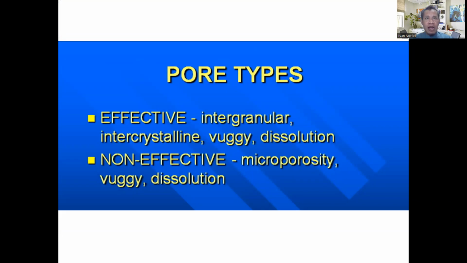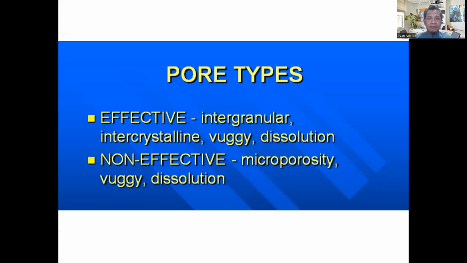Pore type, as far as we are concerned, there are two types. There are good ones and bad ones, effective and non-effective. The effective pores contribute to our productivity, to our reserve calculation, and the non-effective or isolated pores do not.